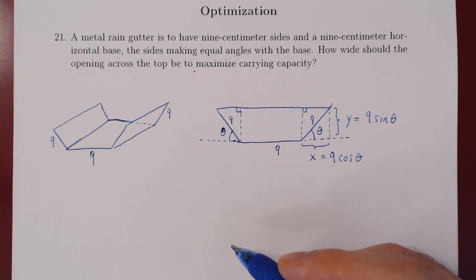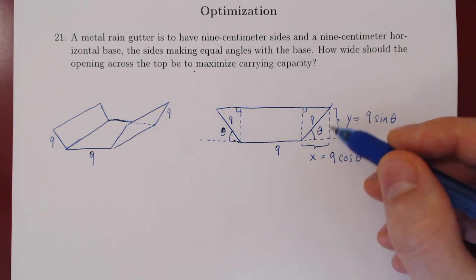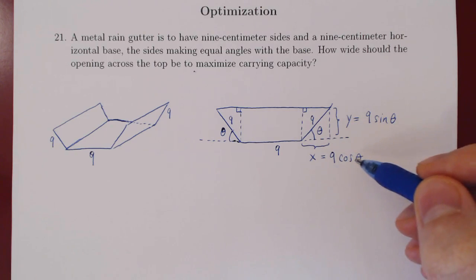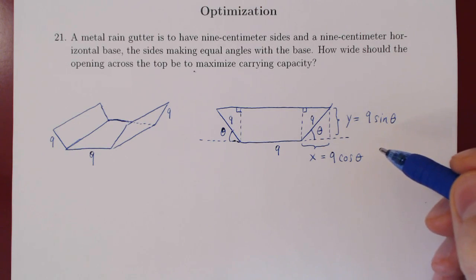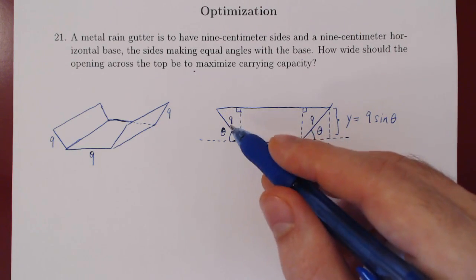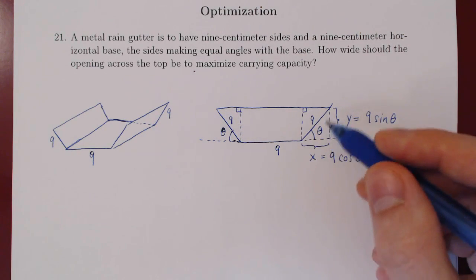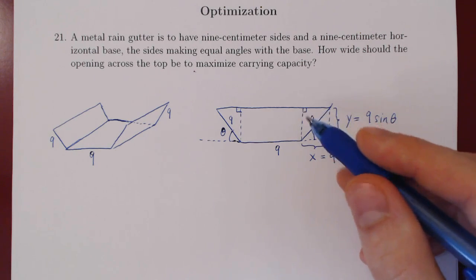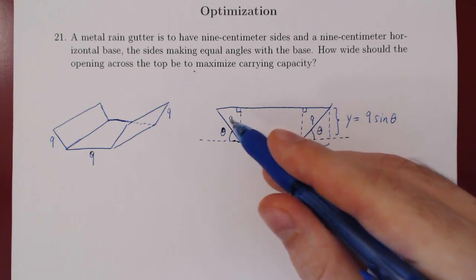And now we're good to go. What's the area of this triangle? It's the base times the height over 2. So it's 9 cos theta times 9 sine theta over 2. But we're adding the area of this triangle twice. So it will simply be the base times the height, which gives you the area of this rectangle, which is twice the area of the triangles.